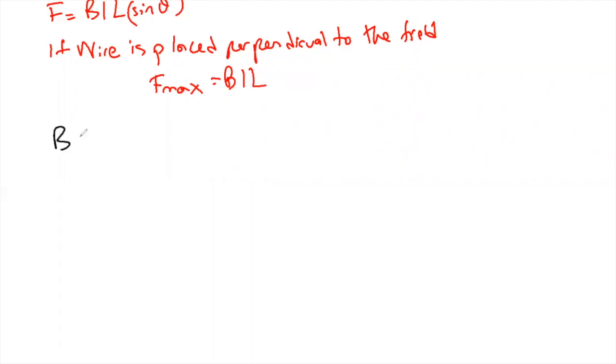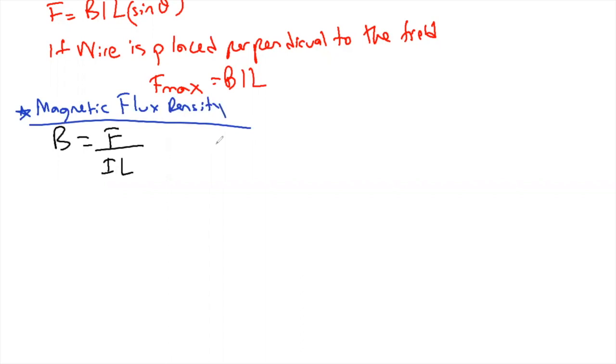Okay, so B, if I rearrange this formula, I'm going to end up with B is equal to F over IL, right? And thus, I come to the conclusion of magnetic flux density or magnetic field strength.